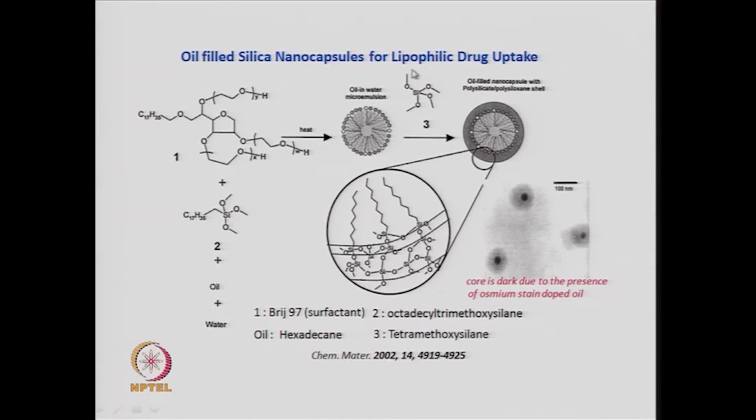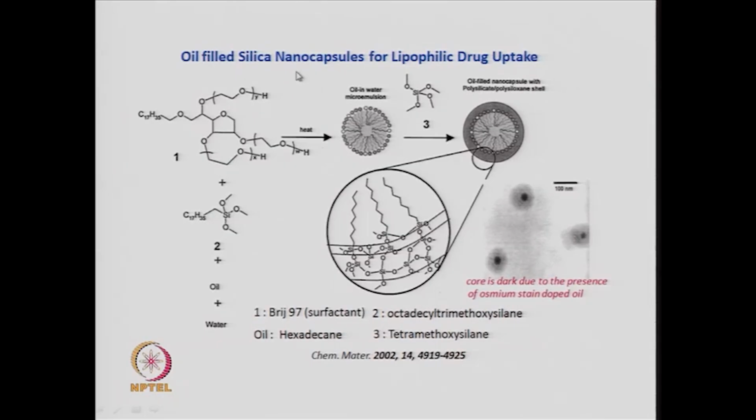So, something which likes oil, which is soluble in oil. If you want that kind of drug, then the oil phase should be inside. So, you have to make an oil filled silica nanocapsule. Now, how do you make this oil filled silica nanocapsule?